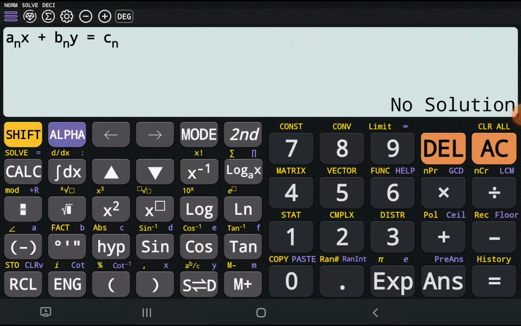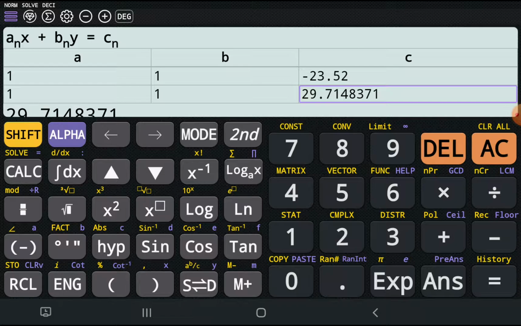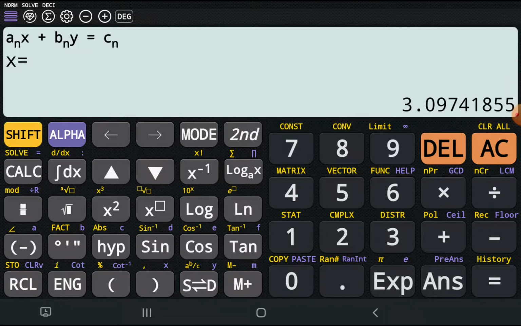So, we have no solution. So, ibig sabihin nun, nagkamali ng pag-input. Yung B natin dapat negative 1. Yan. Yun. So, 3.9741585 as your VF and your VI is 26.617411855. Okay?